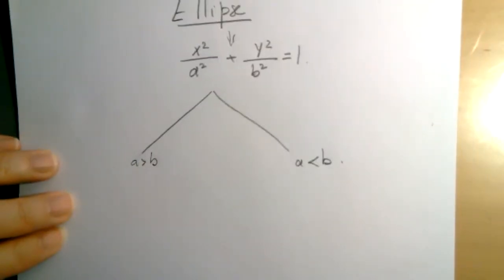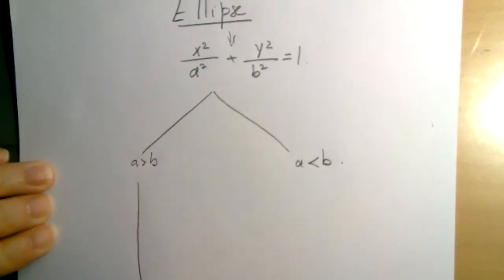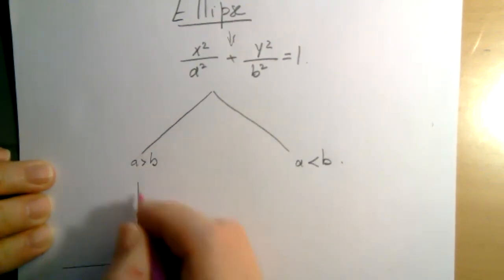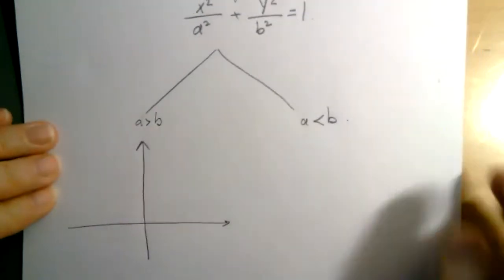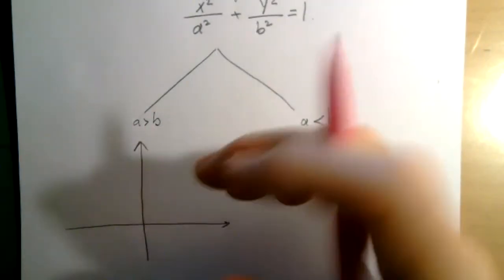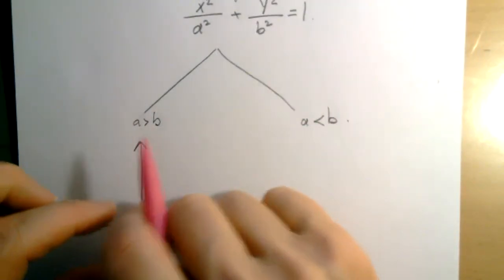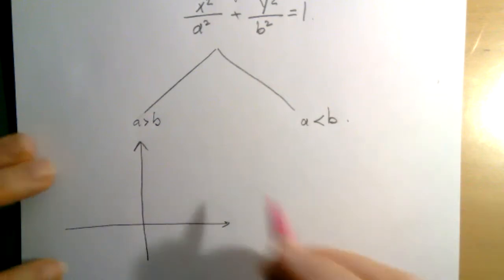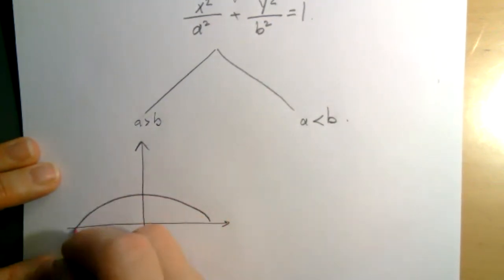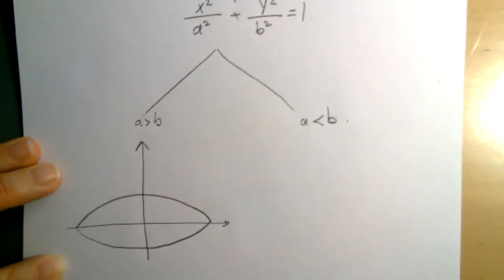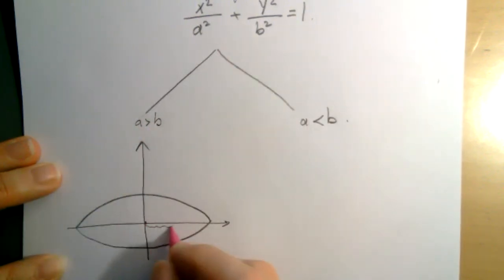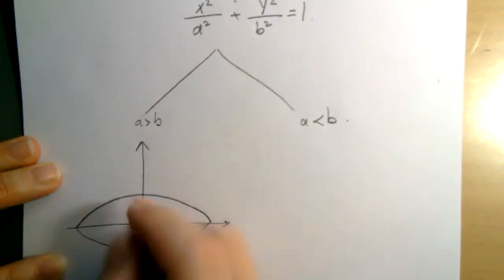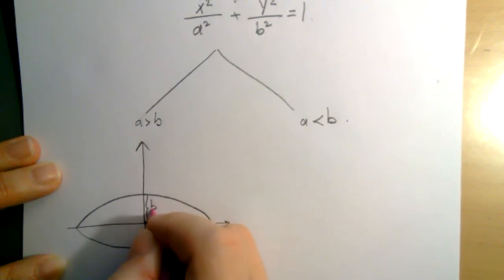Now, in the scenario where A is the largest one, the foci are on the x-axis, and the ellipse is oval, stretched horizontally. So this is my ellipse, and A represents the x-intercept, from here to here. B represents the y-intercept.